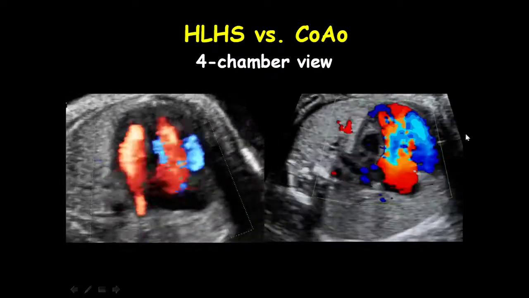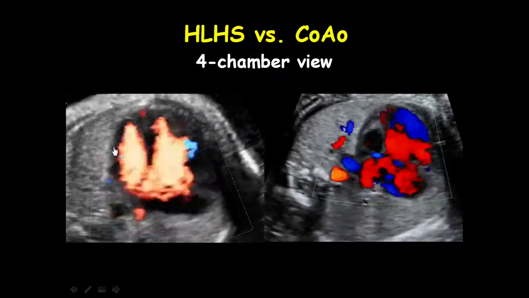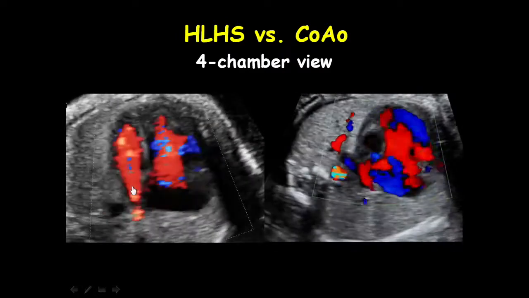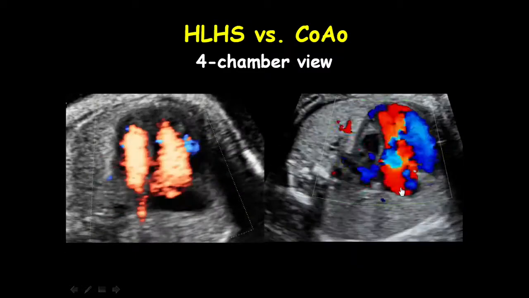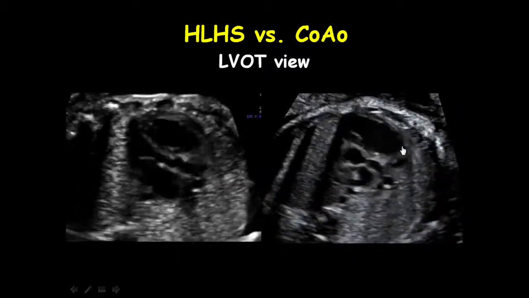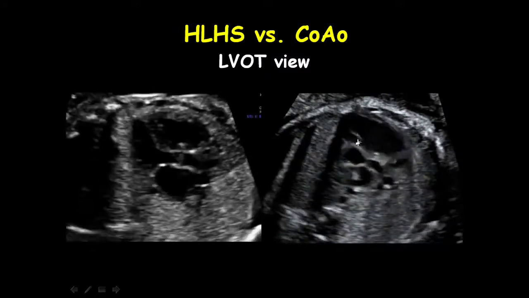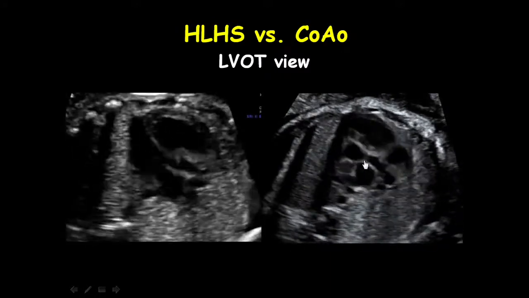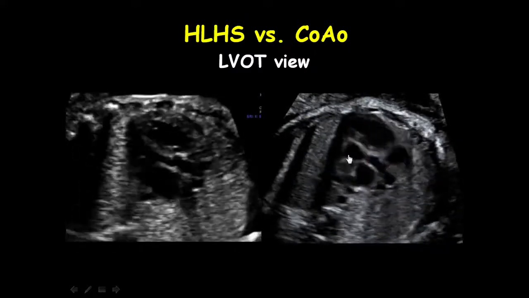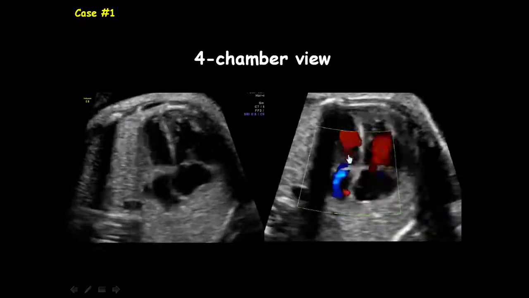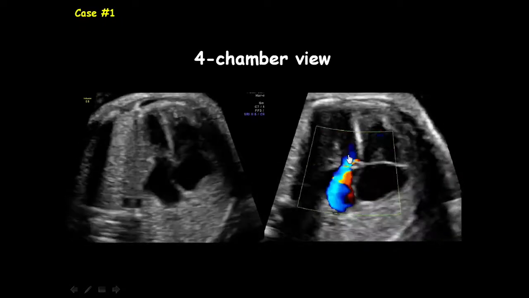Color Doppler in coarctation, in contrast to hypoplastic left heart syndrome, will show direct flow across the mitral valve, while in hypoplastic left heart we see filling only on the right side across the tricuspid valve. In hypoplastic left heart syndrome, it is very typical to have complete atresia of the aortic valve and no evidence of direct blood flow across it, in contrast to coarctation, where that flow is still preserved. And now we will take a look at a few cases.